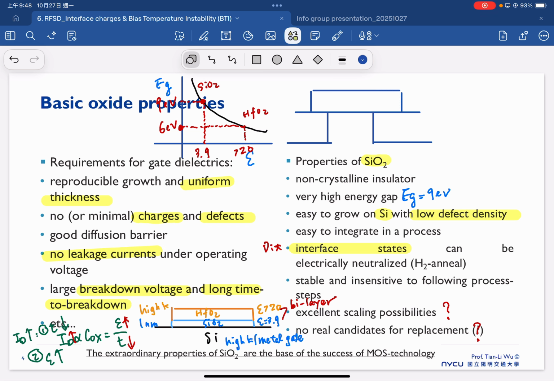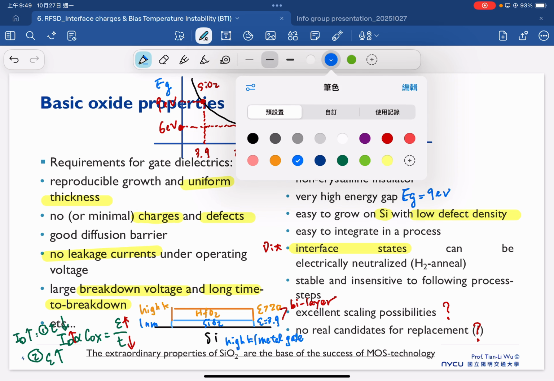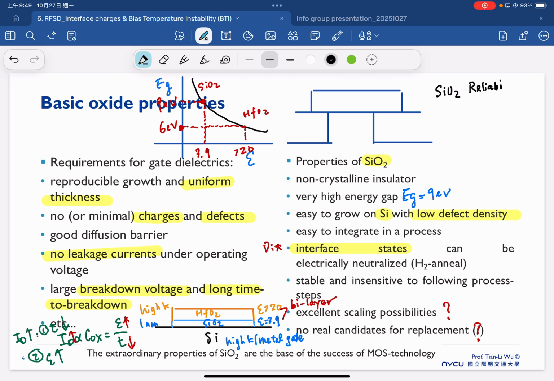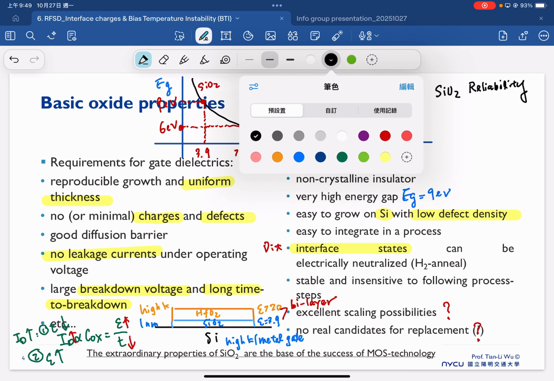For example, the SiO2 has very good reliability. If we want to have a certain dielectric, it must have the following features.